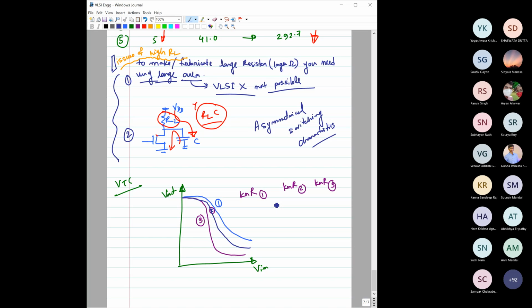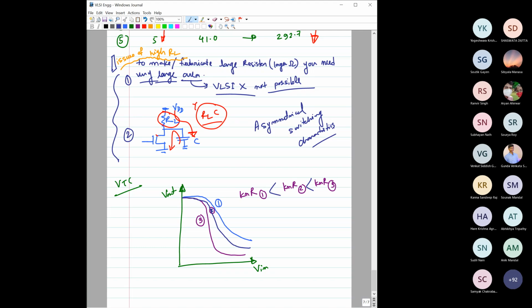Okay, as per you, this is the relation, right? Tarun, is this right? Yes, sir. Okay. So why do you think so? Like I saw the equation of VIL and VIH, and if they are low, it means that the curve is more steeper.